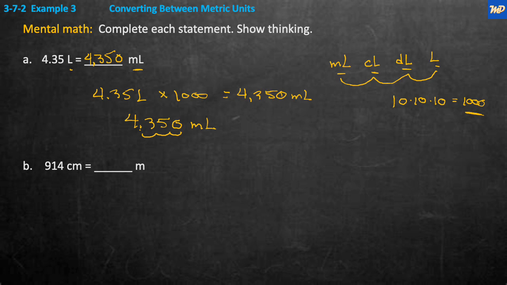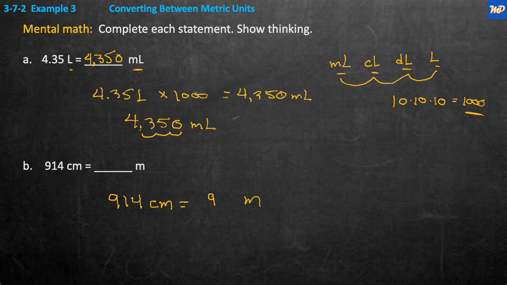Okay, now let's do the next one. Basically the same way. 914 centimeters is equal to how many meters? Well, I could do one thing for sure.